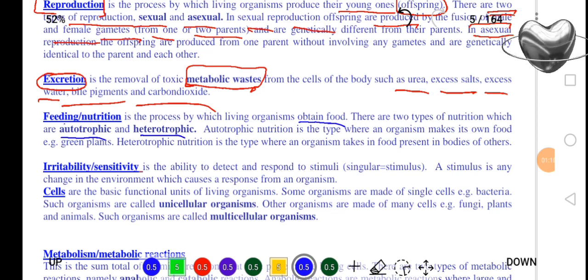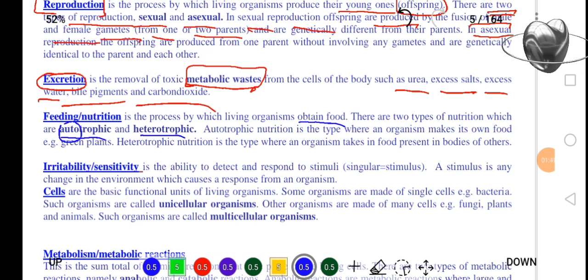Auto means self and trophic means feeding. So we have auto feeding, whereby we are saying self-feeding.